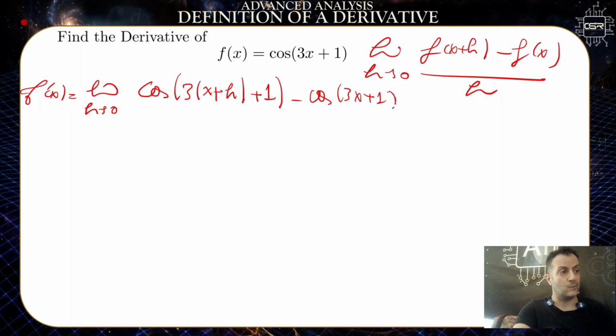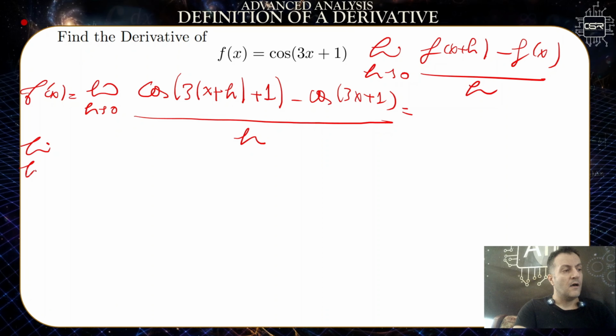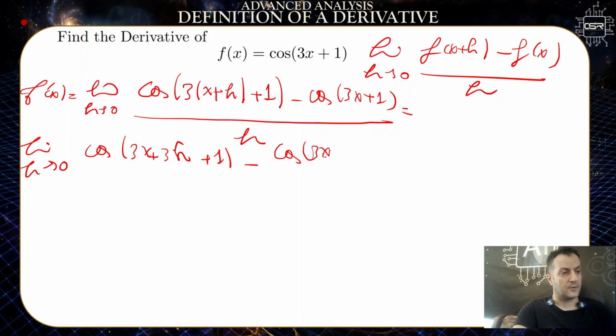plus 1, divided by h, equals the limit as h approaches 0 of cosine 3x plus 3h plus 1 minus cosine 3x plus 1, divided by h.